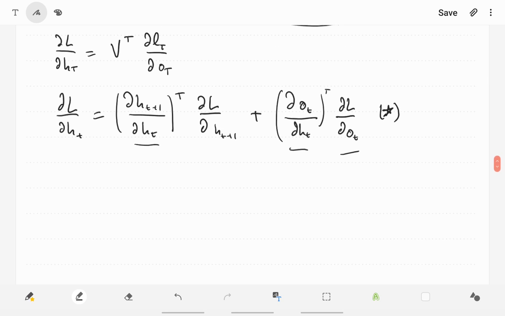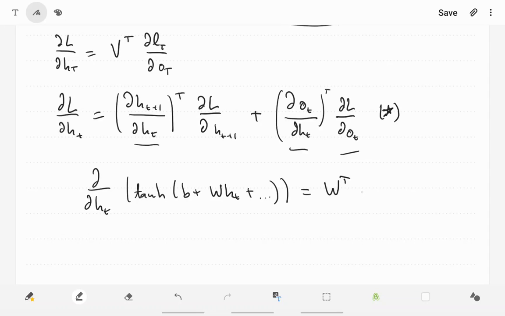So for example, if we just focus on the partial over partial h sub t of the tanh of b plus W times h sub t, plus some other components, but those have nothing to do with h sub t, right? So that's equal to this W transpose, and then we have to take the derivative of tanh. That turns out to be the diagonal of 1 minus h sub t plus 1 squared. That's just what the derivative of tanh turns out to be.